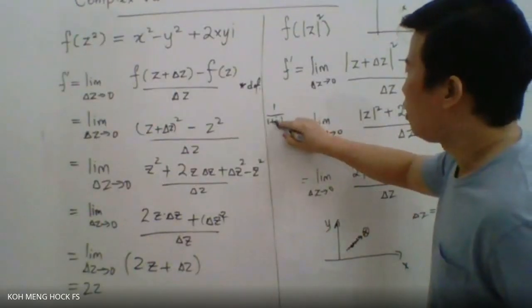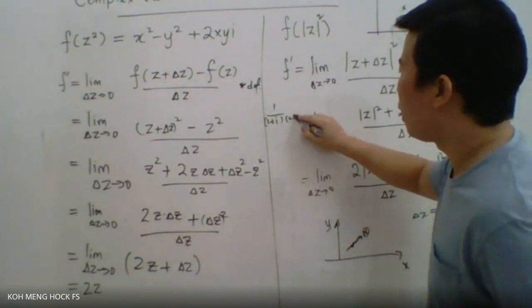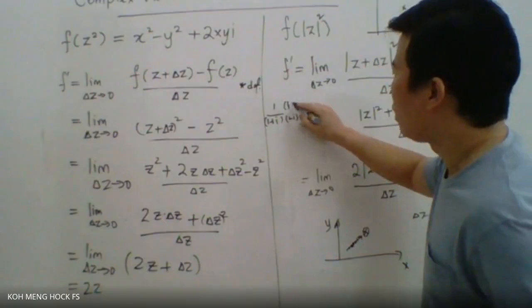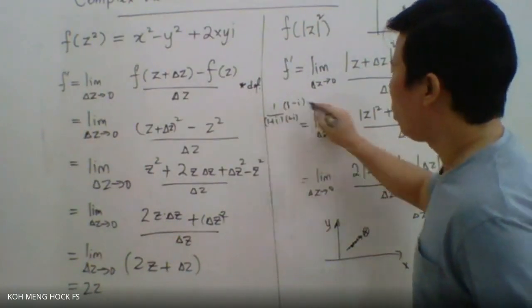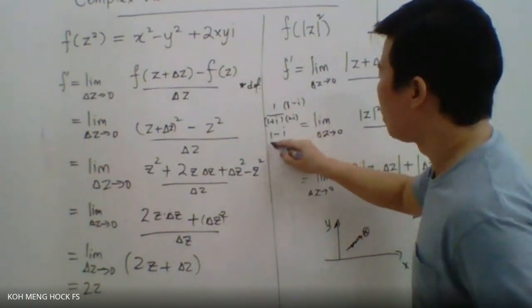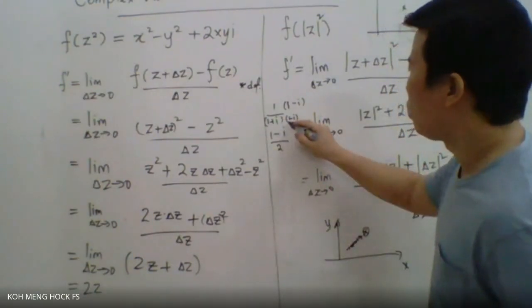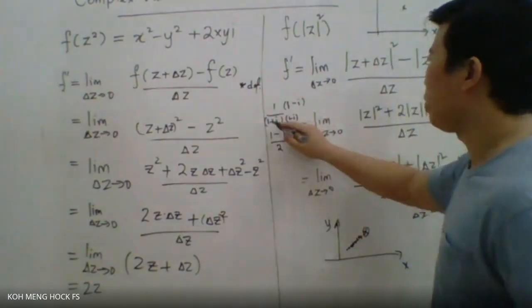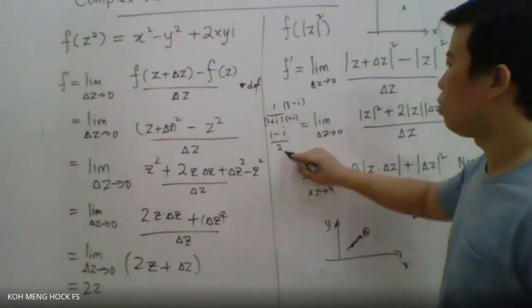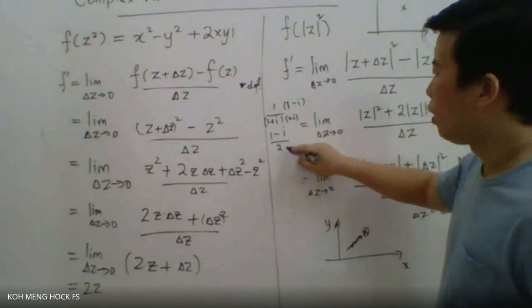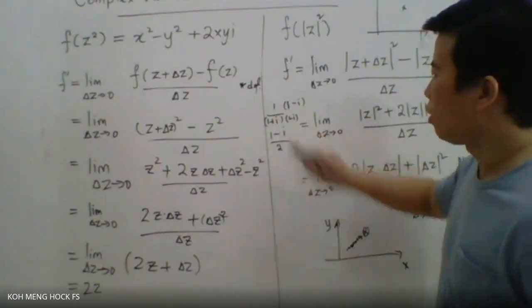When you multiply this by 1 minus i, and this by 1 minus i, at the top you have 1 minus i. At the bottom you have 2, 1 times 1 plus 1. So the real part you have 1 here, and here you have the imaginary part.